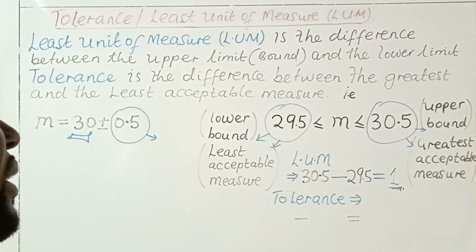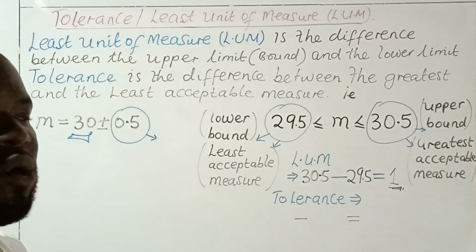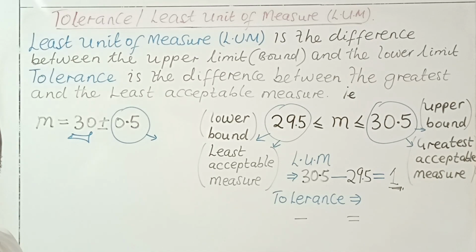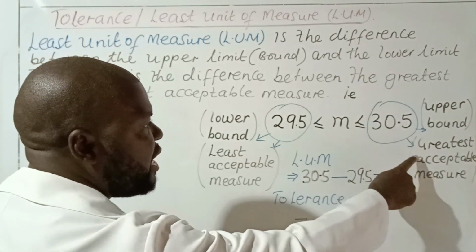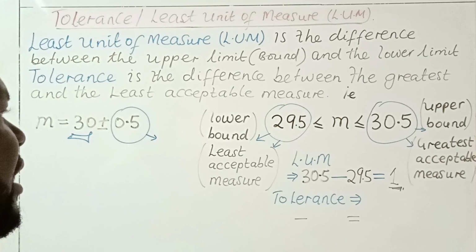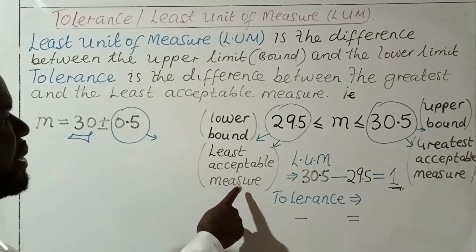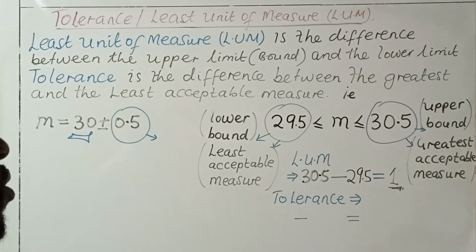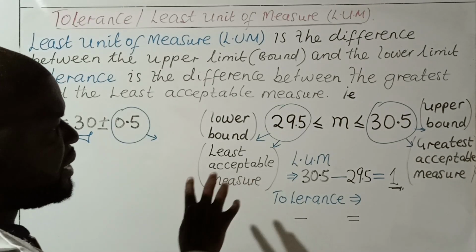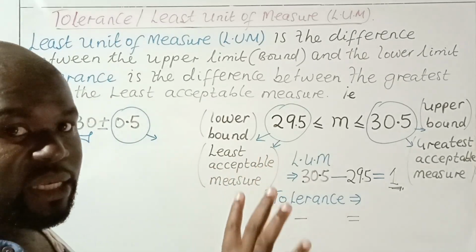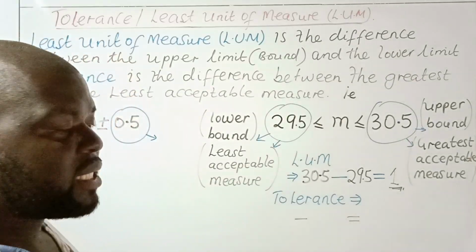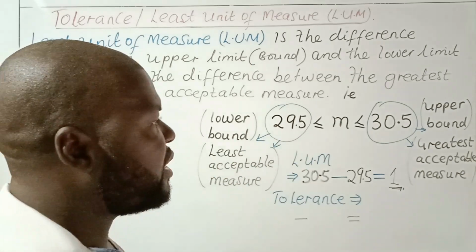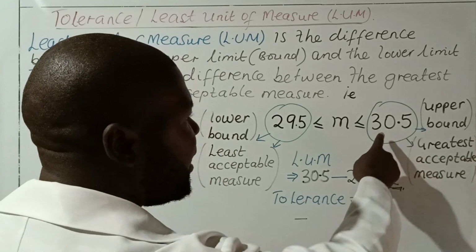Now coming to the tolerance. Tolerance also, we are told, is the difference between the greatest acceptable measure, which is 30.5 in our case, and the least acceptable measure, which is 29.5. So, getting the tolerance, we have to subtract the least acceptable measure from the greatest acceptable measure.